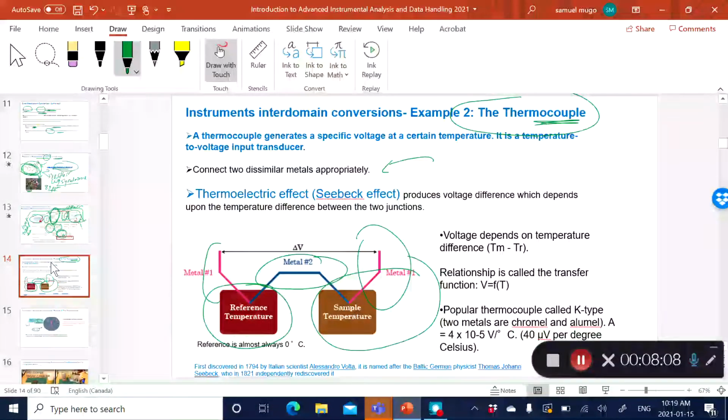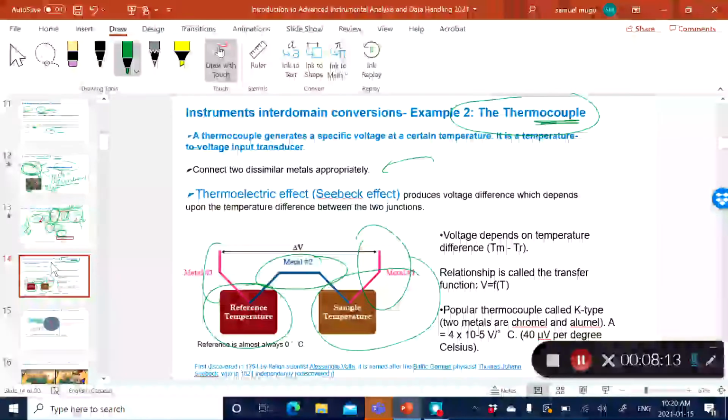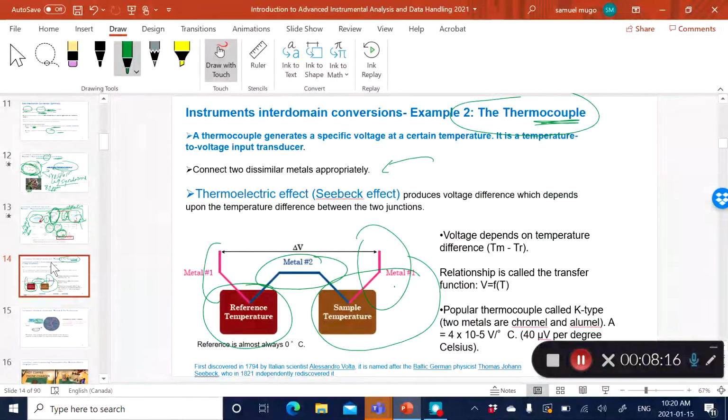Now, the conversion, and of course you can see this one is an input transducer again, the conversion of heat, which is a physical quantity, into electricity, it's based on this effect called the thermoelectric effect.